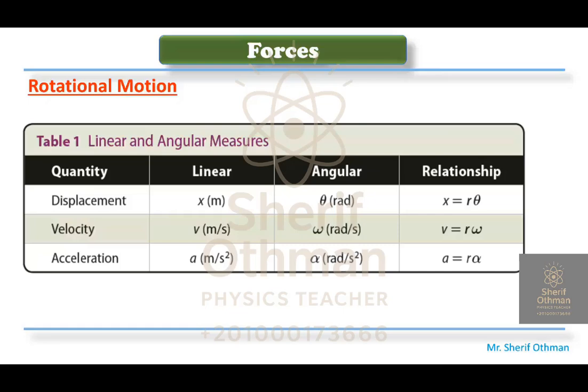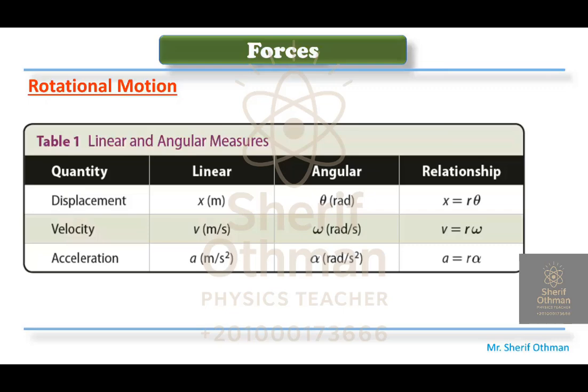The angular has omega and radian per second. The acceleration in linear motion has a symbol of a and a measuring unit of meter per second square, while the angular has a symbol of alpha and a measuring unit of radian per second square.